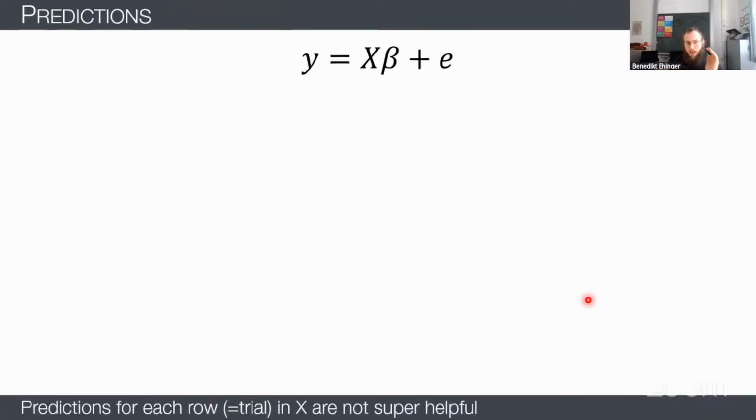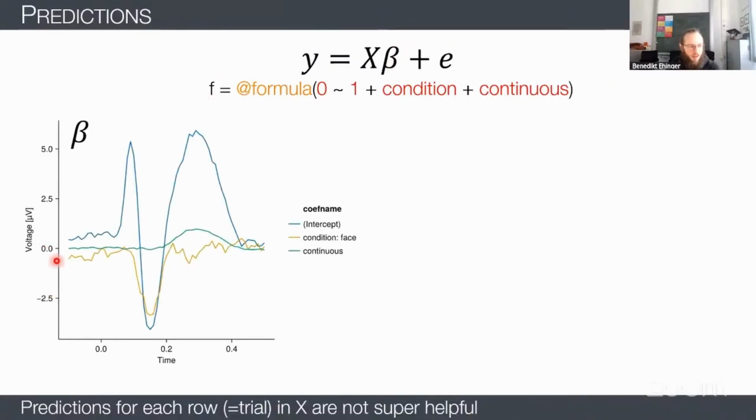And this is making use of predictions. So if we have specified this model here, and let's say the x is defined by a condition and a continuous variable, we can then inspect this beta. So this is the plot ERP that you have all been doing before. Now we added this continuous predictor, so this is how it would look.